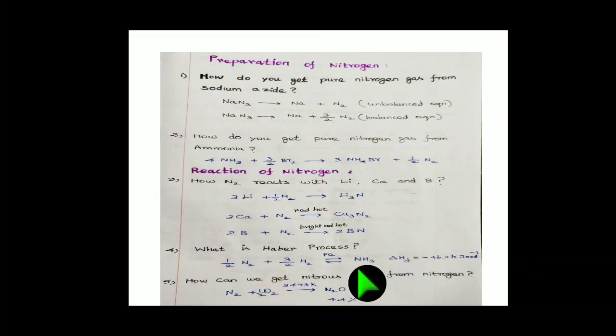When nitrogen combines with oxygen at 3473 Kelvin, we can get nitrous oxide. For balancing this equation, right side oxygen only 1, so left side half O2, which means 1 oxygen. So all the equations are balanced.